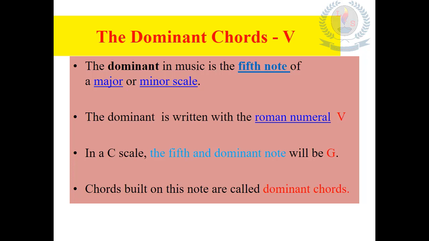In a C scale, the fifth and dominant note will be G. That means for C major or C minor, the dominant note will be G. Chords built on this note are called dominant chords.